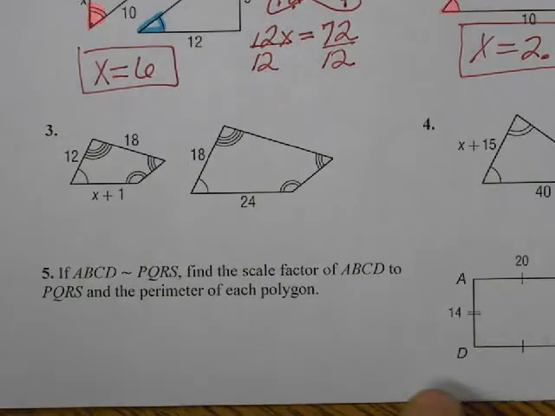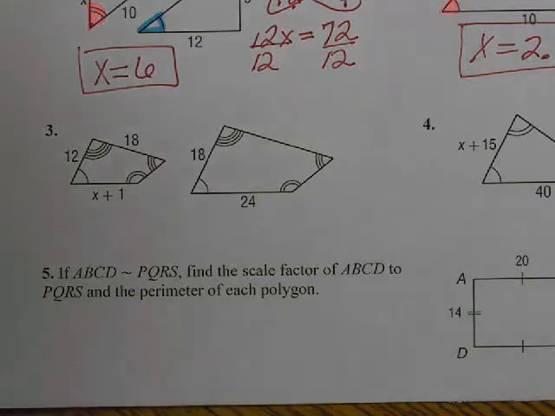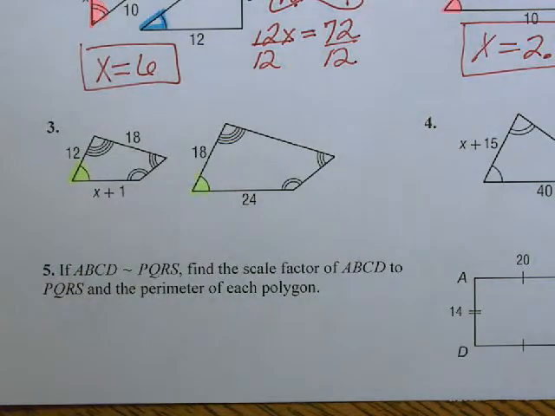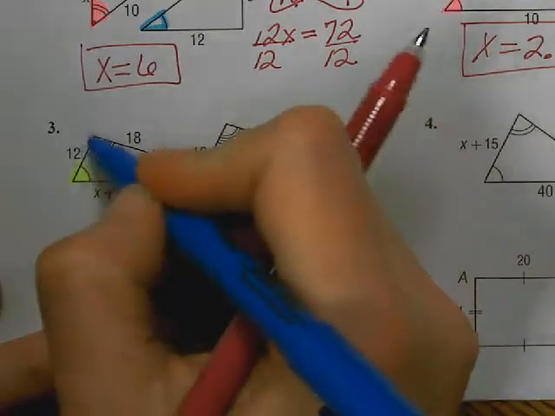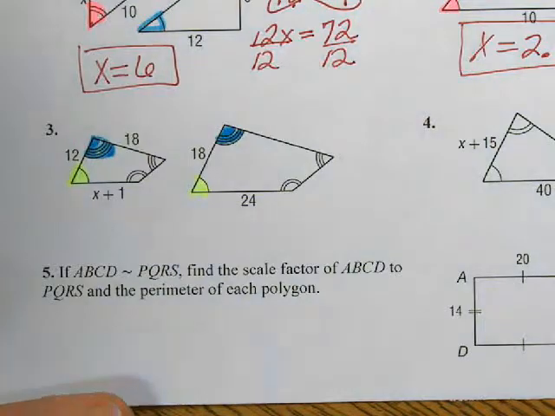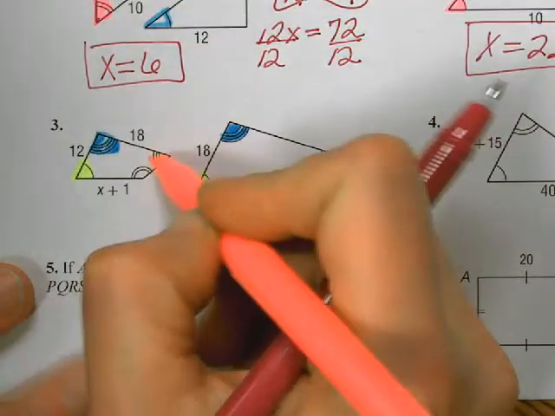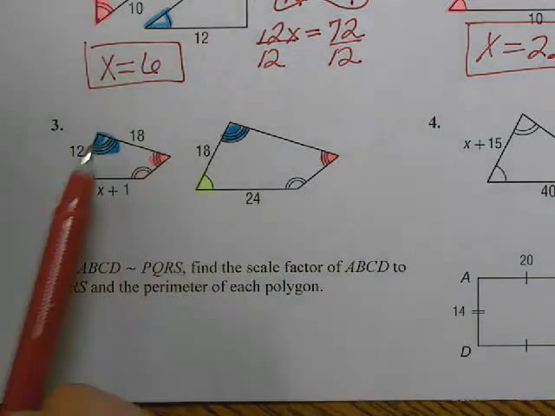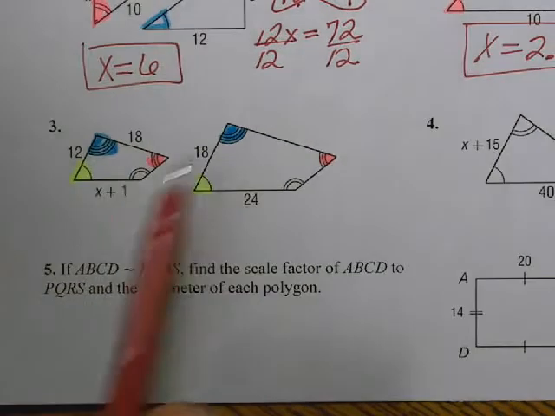Alright. Example 3. We'll make sure our angles are in the same place. So far, I'm looking at it quickly, and I can see that it does. Those match up, and yeah, so we're good to go as far as our sides. 12 corresponds with 18.